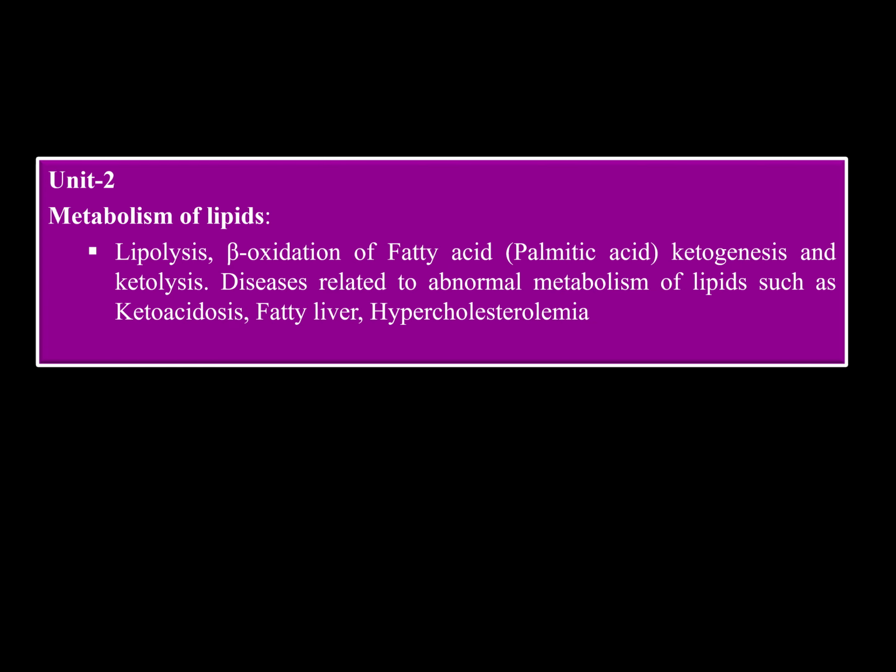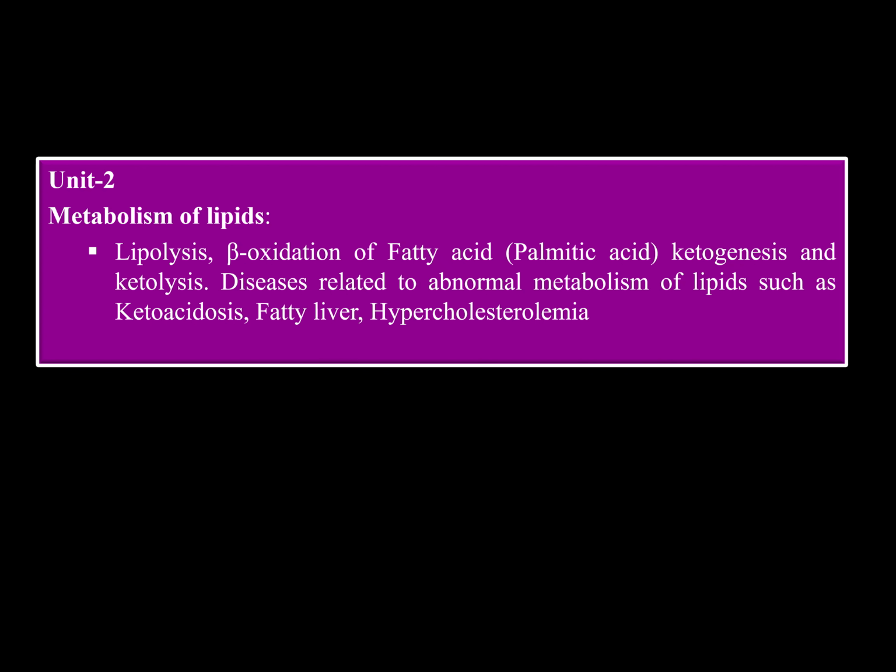This unit focuses on metabolism of lipids. We will learn about lipolysis, which means breakdown of stored fat into fatty acids. Then we will study beta oxidation, which is the main method by which fatty acids are converted into energy inside the mitochondria.